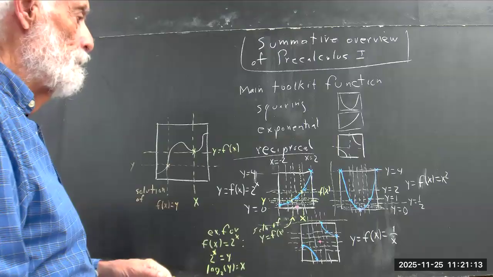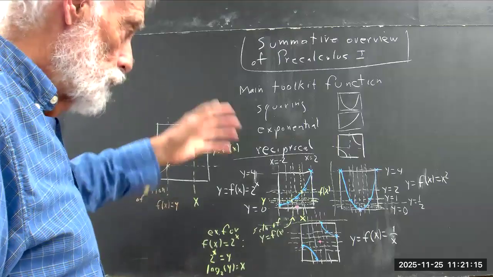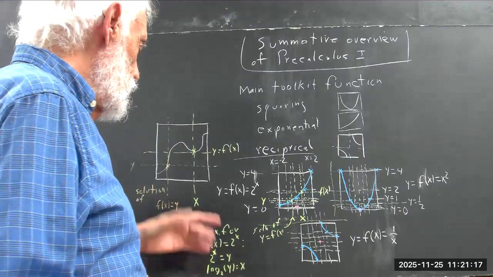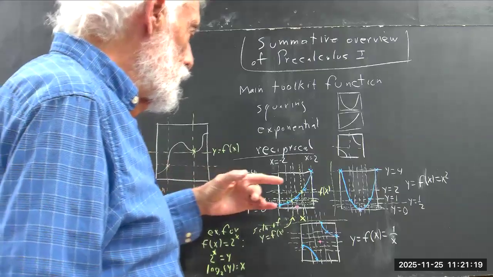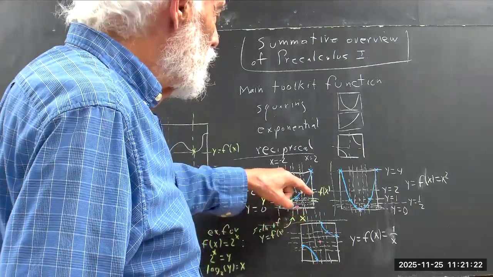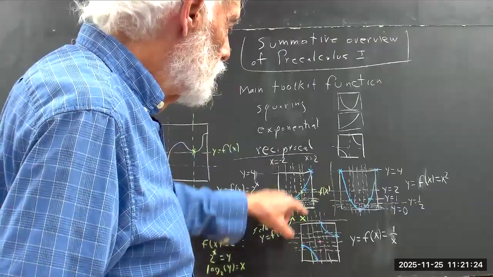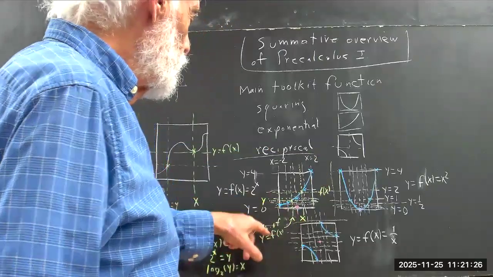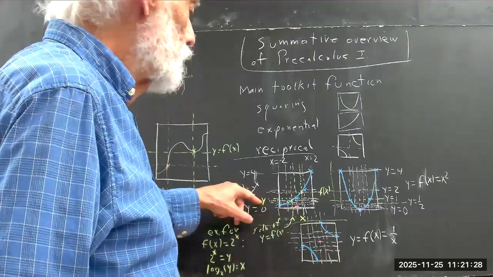What we want to look at first is how we can calculate f of x if we're given x, and how we can figure out what x is if we're given y.